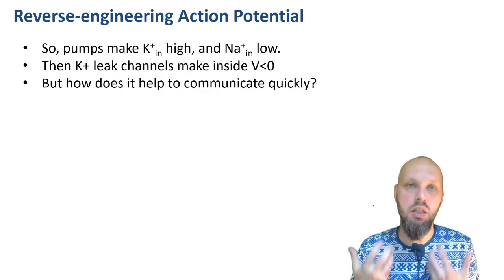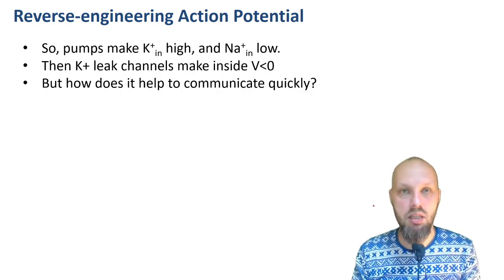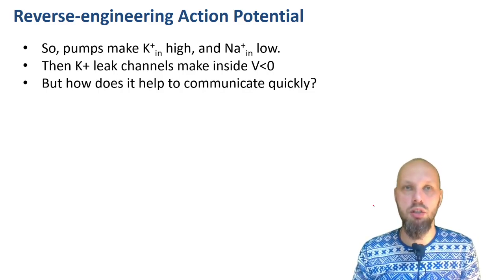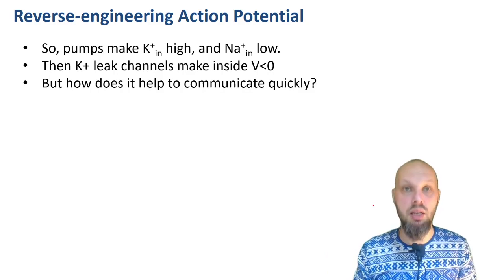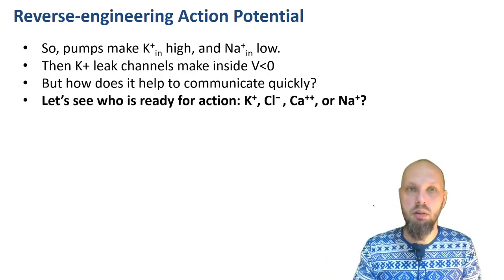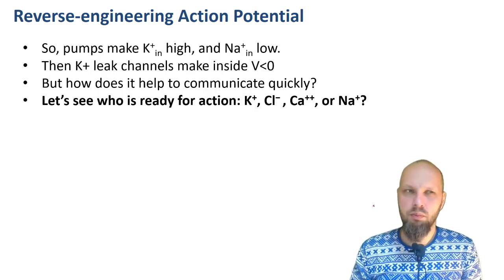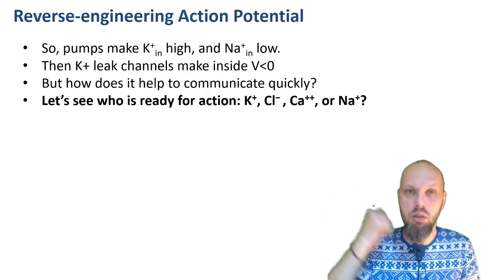How can we use this default state, this starting point, to enable quick communication, this process of spiking, of generating a response or sending a message along the cell? How can we make it happen? We want to break the potential. The potential is negative, so we want to perhaps make it positive real quick.